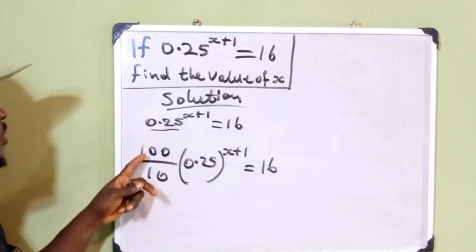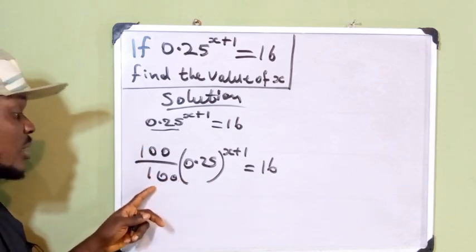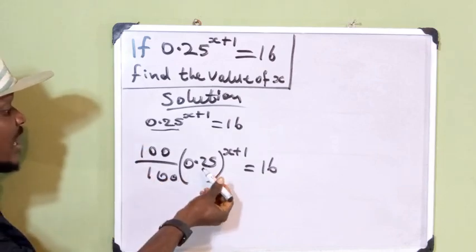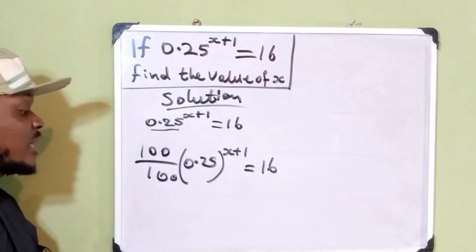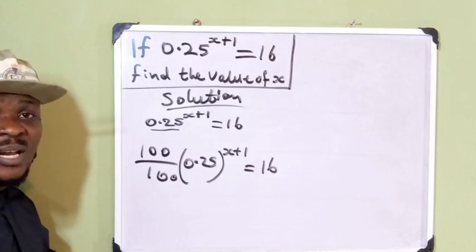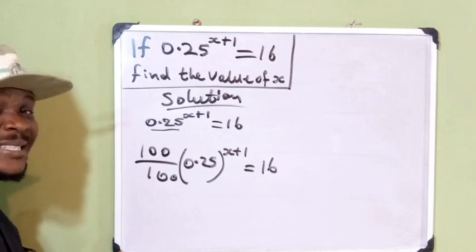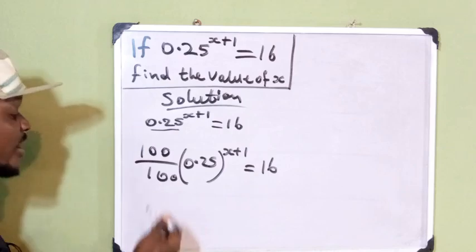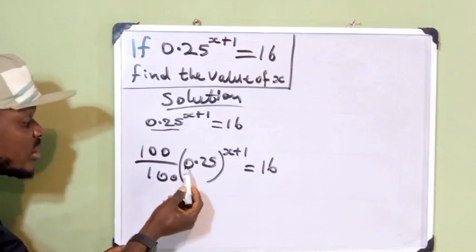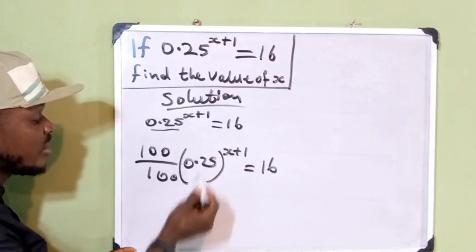We used 100 all over 100 because it has two decimal places. If you have three decimal places, you will use 1000 divided by 1000. If you have one decimal place, you will use 10 divided by 10. In our case, we are using 100 because this has two decimal places, 2 and 5.